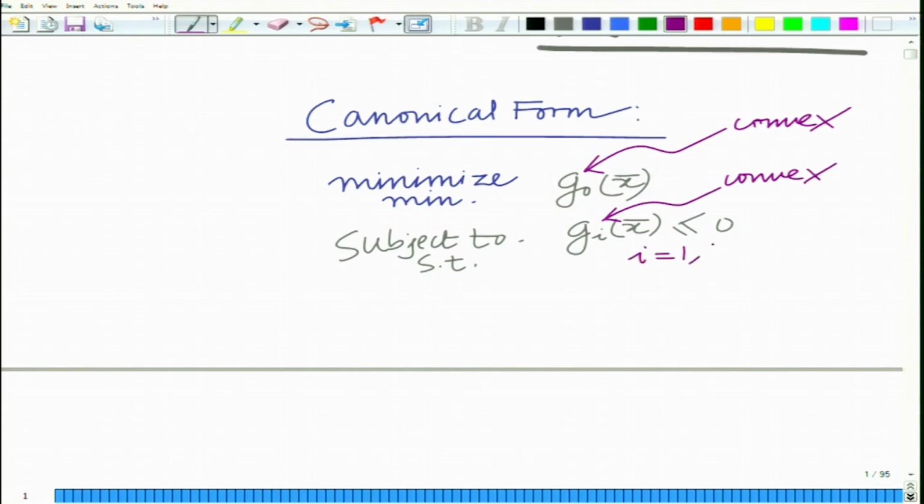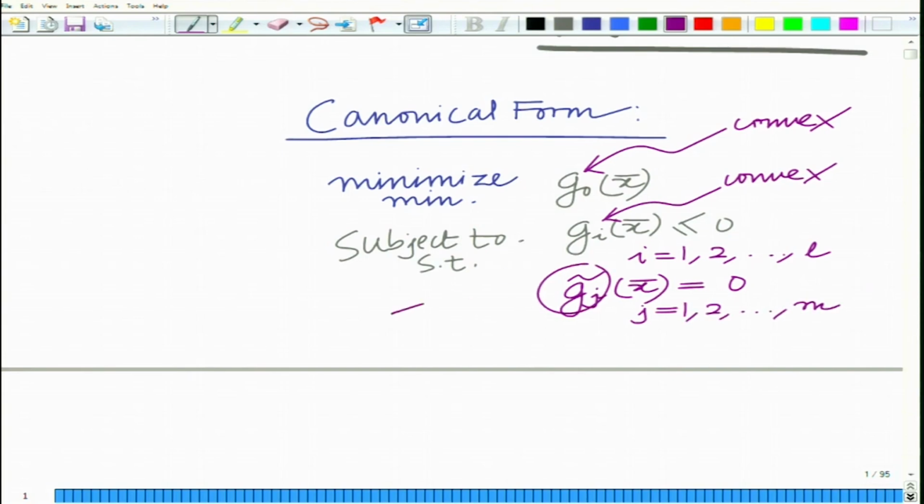I have i equals 1 up to L constraints, and in addition I can have equality constraints g j tilde of x bar equals 0, for j equals 1 up to m, and these have to be affine constraints. The equality constraints have to be affine in nature.